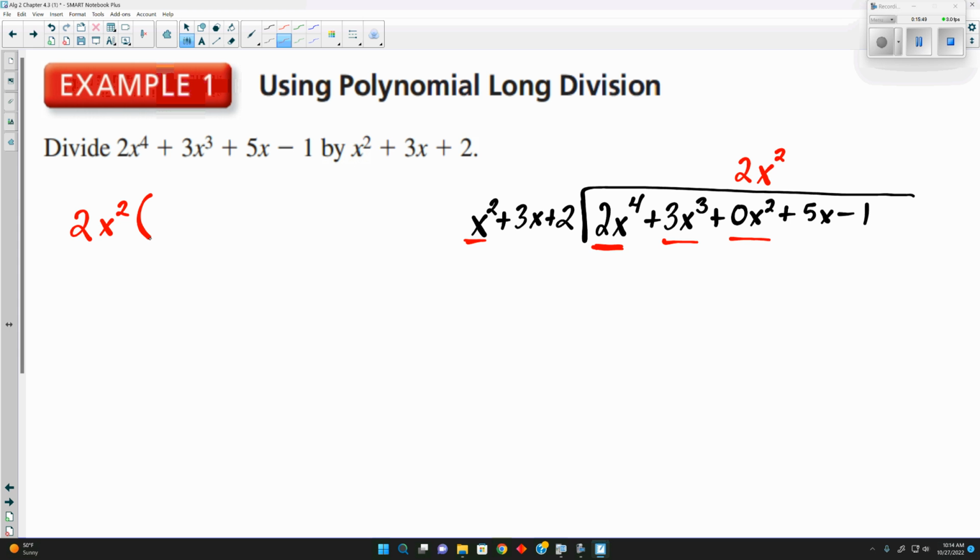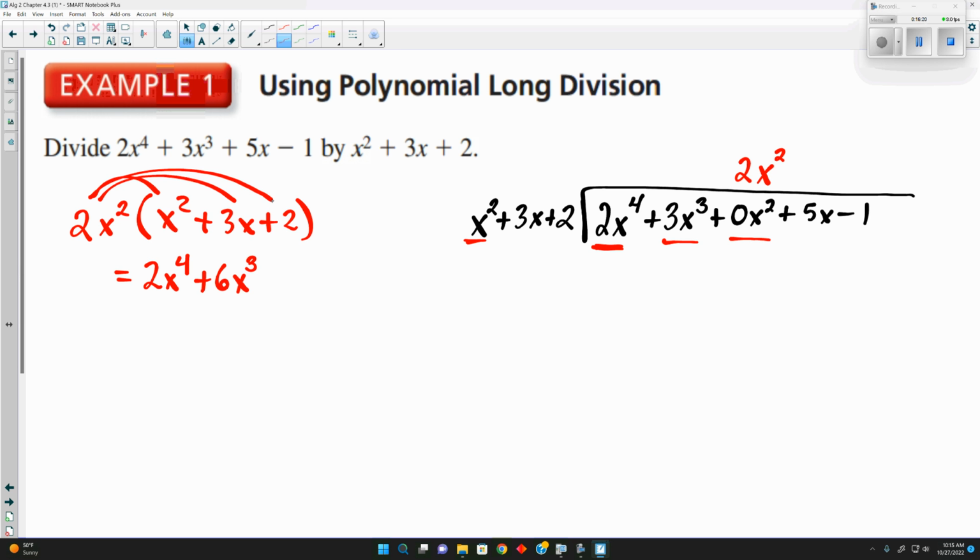Now what we're going to need to do is multiply 2x squared by our x squared plus 3x plus 2. I'm going to have to write it below it because I just don't have the space off to the side. 2x squared times x squared is going to be 2x to the 4th. That does match up with our first term, just like we wanted. 2x squared times 3x, 2 times 3 is going to be plus 6x cubed.